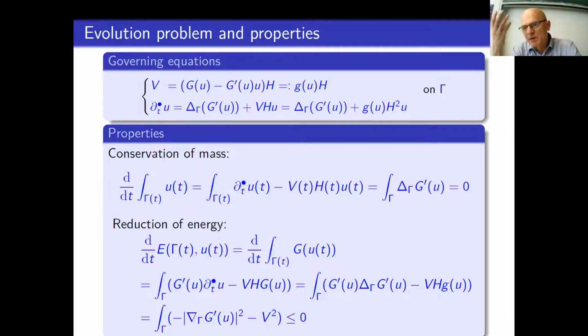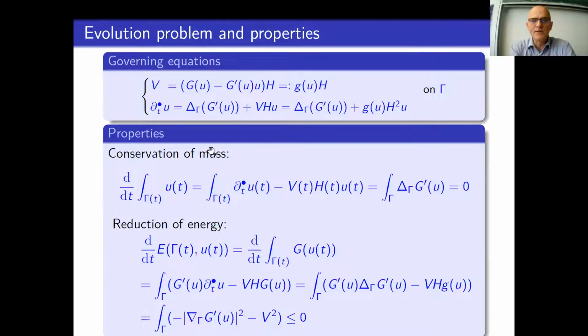So the integrand was g of u. I take the first variation, and this gives g prime of u. But if I do it in the H^-1 topology, I also have to put in a Laplacian here. And this basically comes from the term which we saw in the Reynolds theorem.